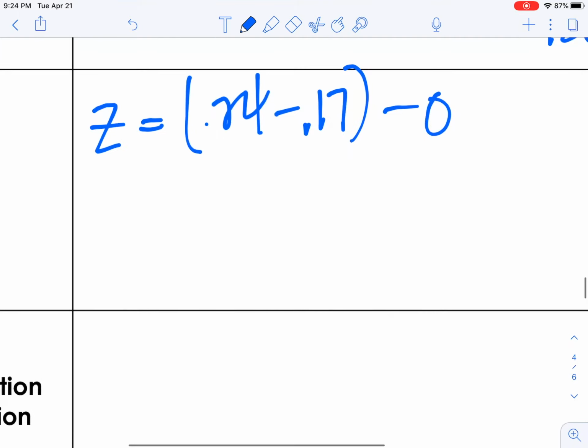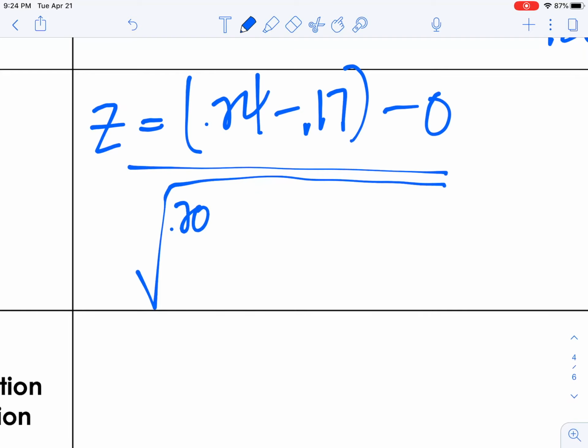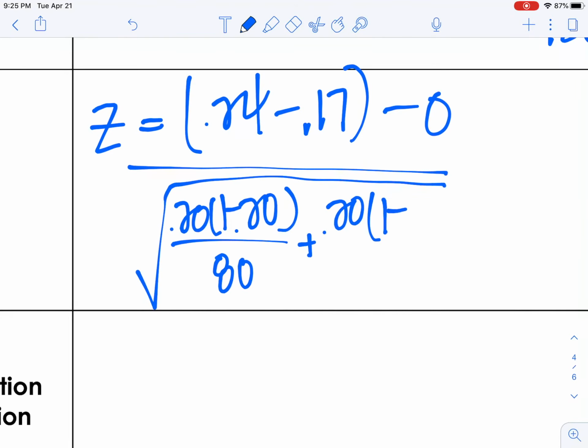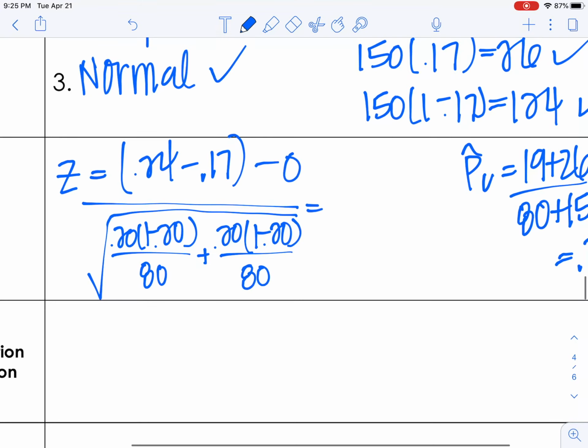So down here we have our square root. And we do it over each of our separate n values. Okay, 0.24 minus 0.17 is 0.07. So then I plug this in, and remember I do not do it all at once.